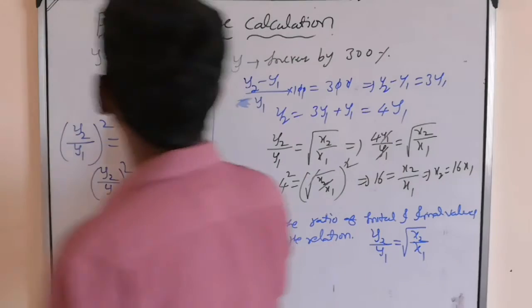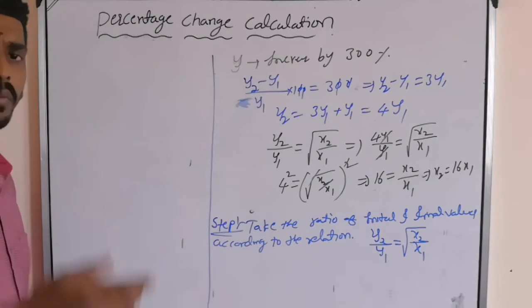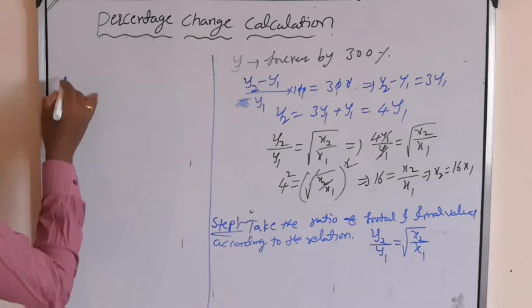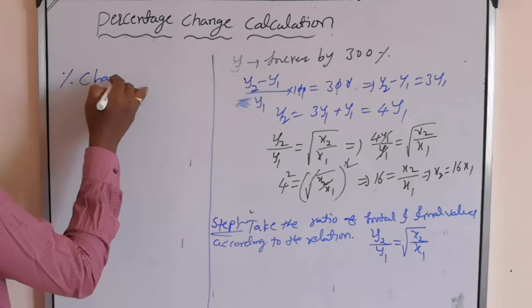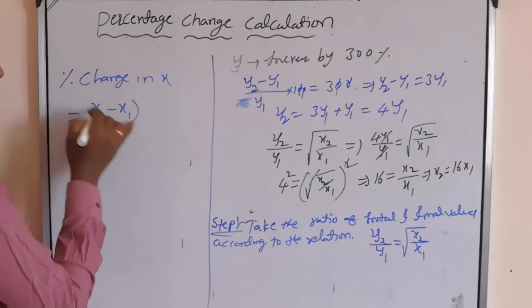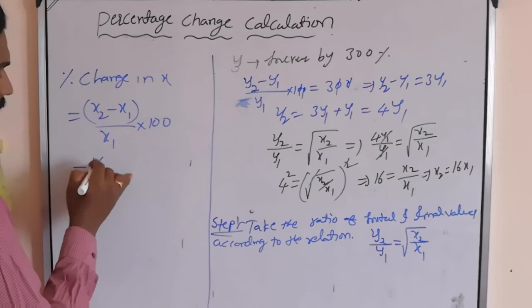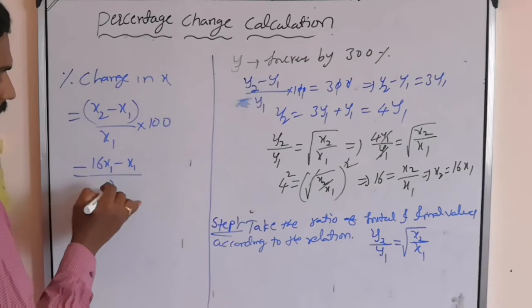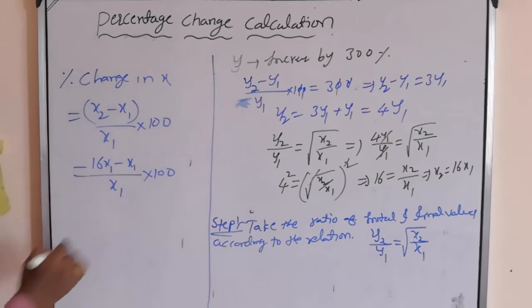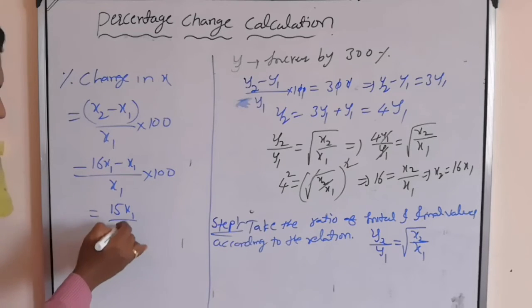Then what will they ask you in the question now? They have given for y. They will ask you for x. So now percentage change in x equal to (x2 minus x1) by x1 into 100 equal to (16x1 minus x1) by x1 into 100. 16 minus 1, 15x1 by x1 into 100.